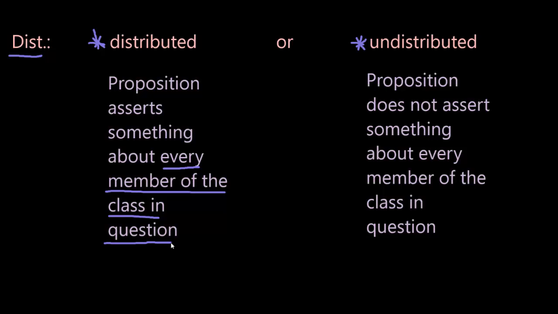So if the proposition commits us to something about every member of the class in question, then that term is distributed. If it does not do so, then it's undistributed.